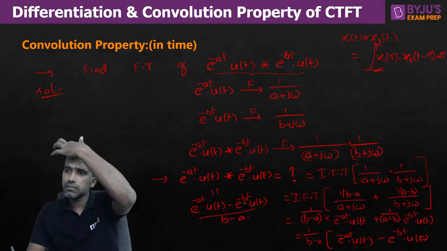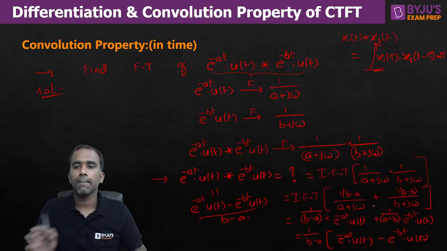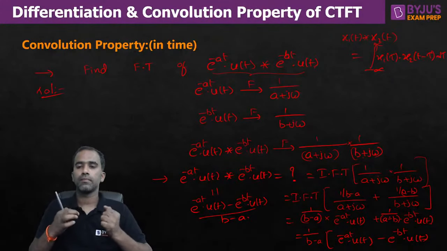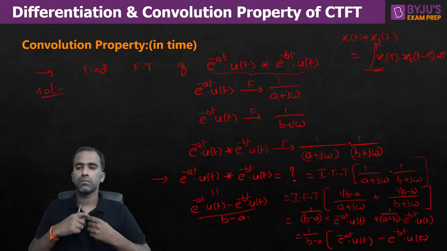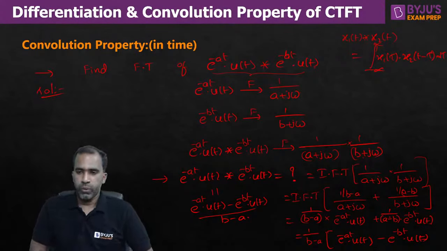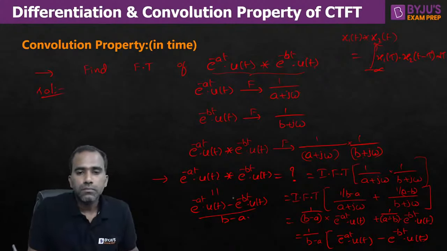Is that correct? Cross check and tell me if there is any slight calculation mistake from my side. I think that is correct also. Okay, correct. So that is the result.